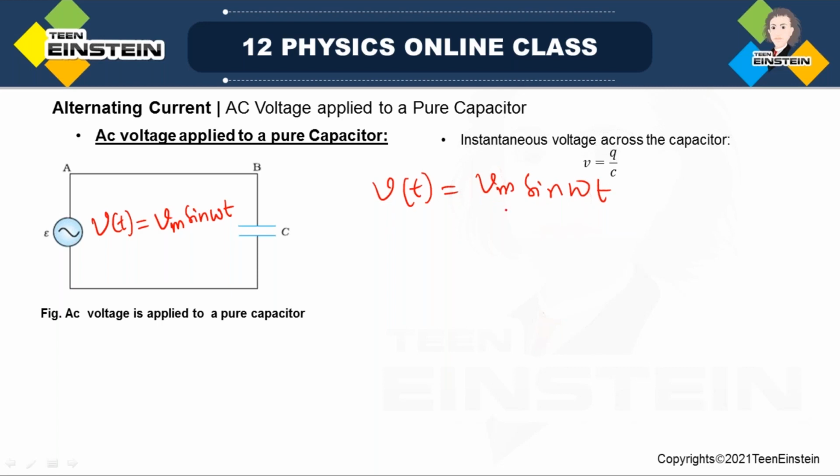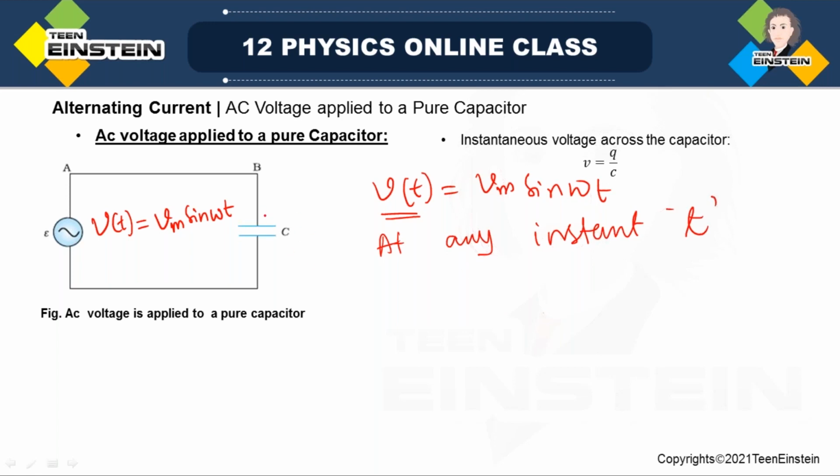Omega is the frequency of the AC signal, and Vm is the amplitude, as I told already. This is the instantaneous voltage, and this is the amplitude of the voltage.